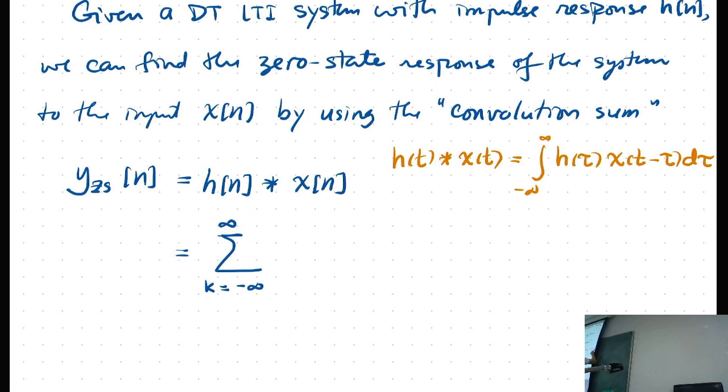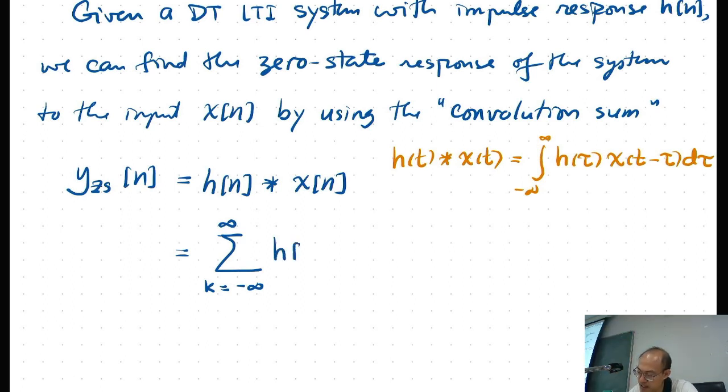The integral is with respect to tau, so the summation is with respect to k. So h of tau has to be changed to h of k.